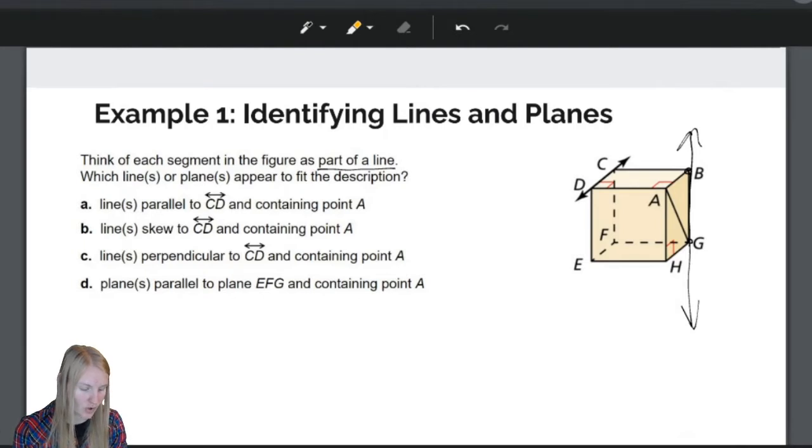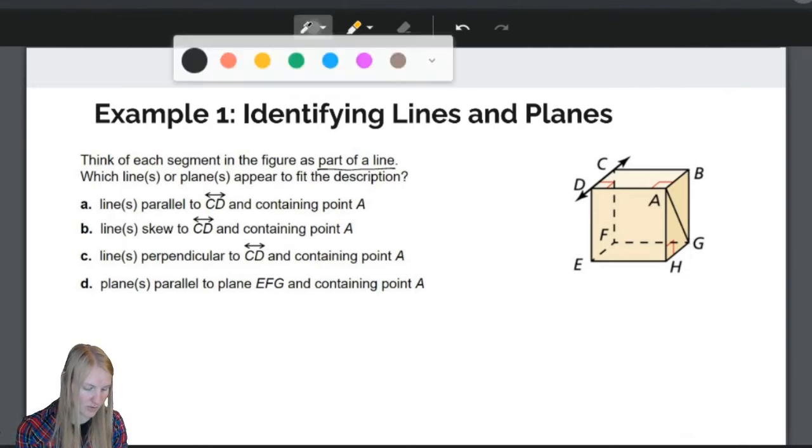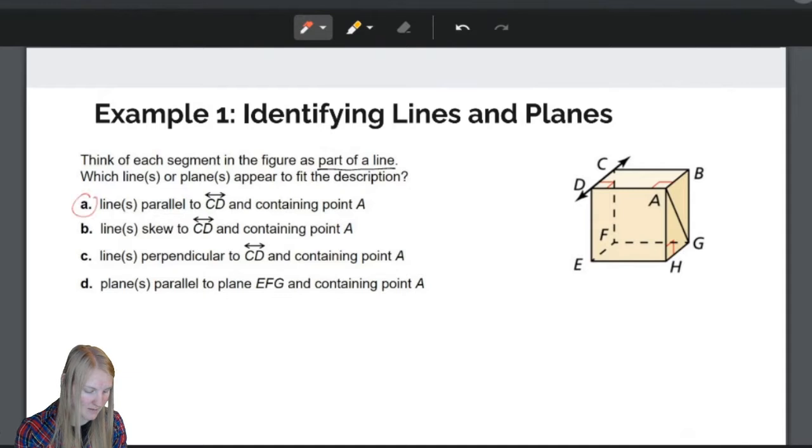Which lines or planes appear to fit the description? Part A, let's do this in colors, shall we? Part A, we want lines parallel to CD containing point A. So my answer has to have point A in it. Okay, here's point A. And I want a line or lines that are parallel to CD.